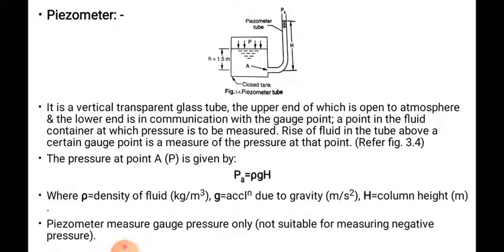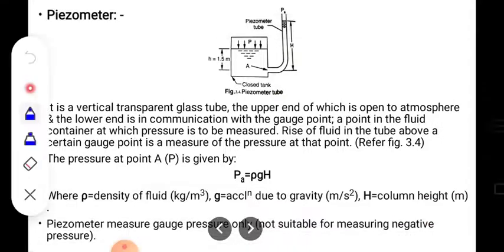column of water risen in the glass tube, measured from the point at which pressure is to be measured. In this diagram we can see that at this point the fluid has risen in the glass tube, and at the root of the tube we have to measure the pressure of the flowing fluid.